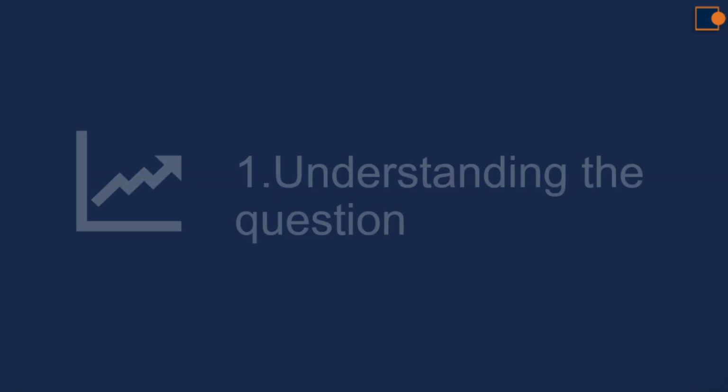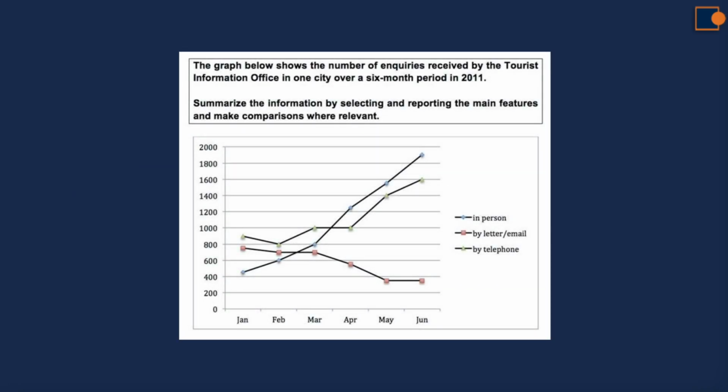First of all, you need to understand the overall question, how it looks. This is how an actual line graph question in Task 1 looks. When you receive your question booklet in the exam, the question will be similar to this. It is similar not only for line graphs but also for bar charts, maps and process, or any other types of writing Task 1.